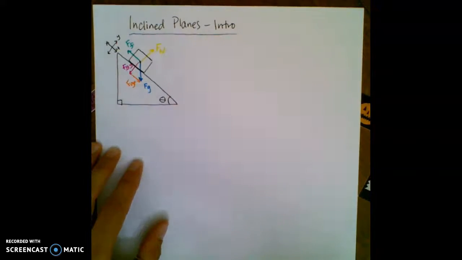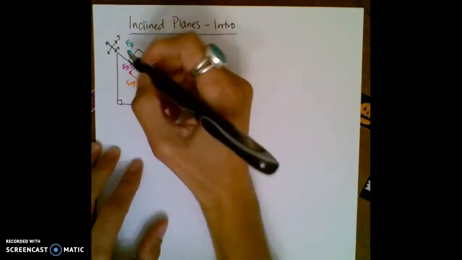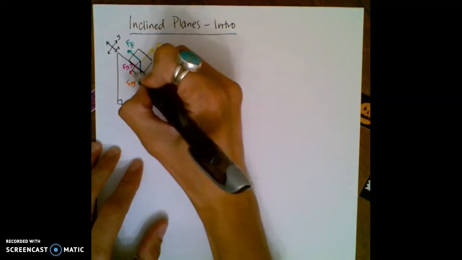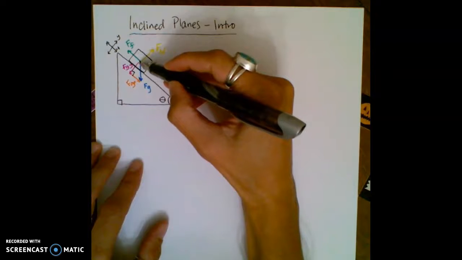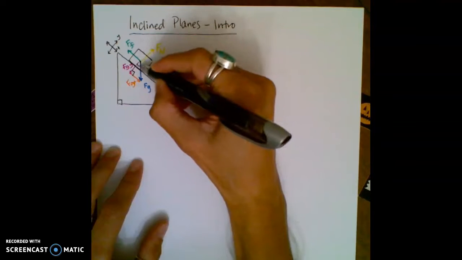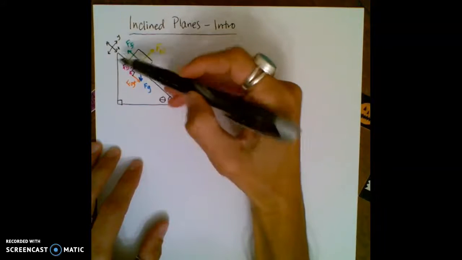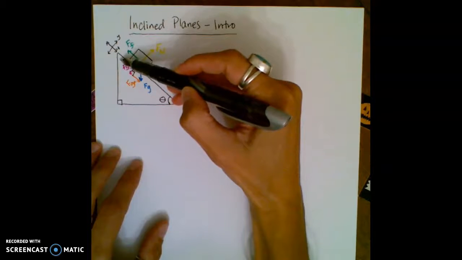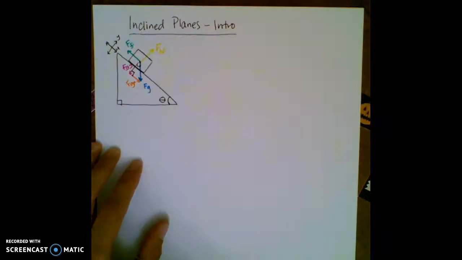Okay. Now you might have noticed that this also makes a right triangle. It's a vector triangle. So this here is a 90-degree angle. And then this angle here, the little skinny angle right here, that's the same angle as this one. Okay. So just be careful. Like if they gave you this angle up here at the top, then this would be your angle. So just be aware of what the problem is telling you.